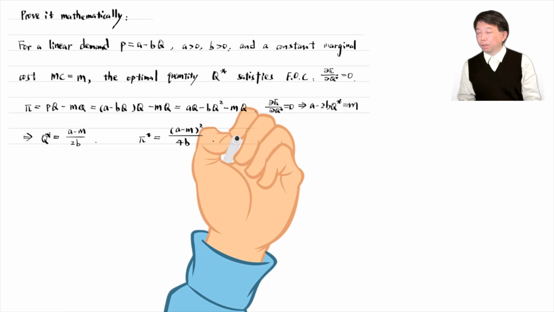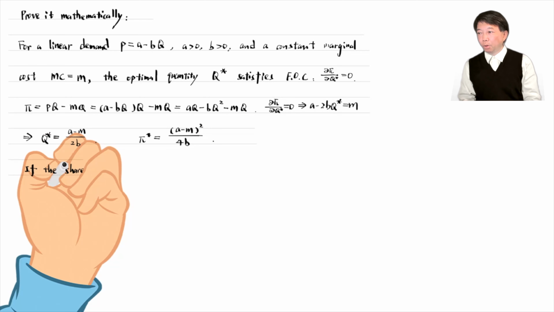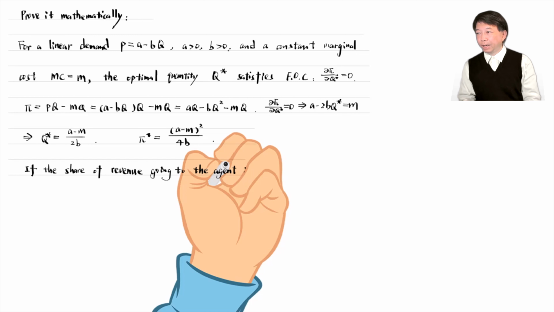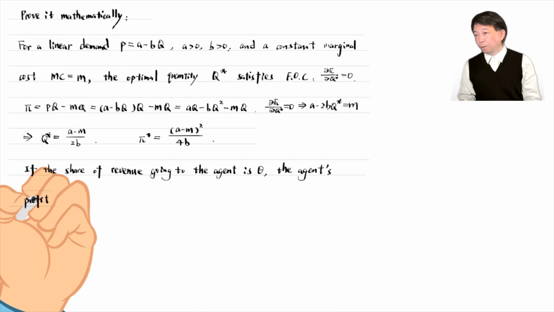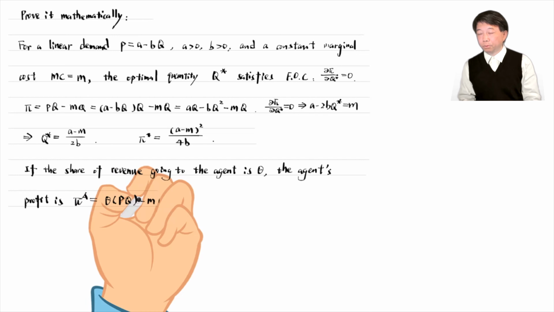Next, we consider a revenue sharing contract between the principal and the agent. Suppose a share of revenue theta goes to the agent. The agent's profit is as follows. The agent receives part of the revenue but bears all costs.